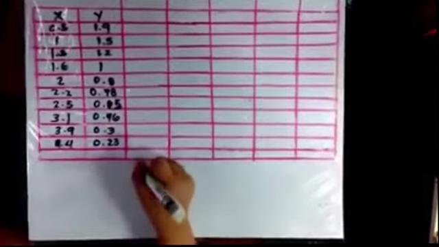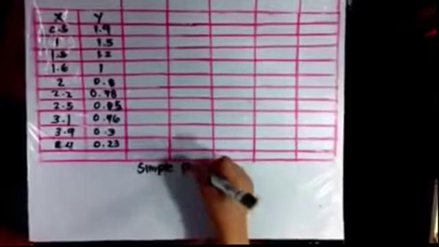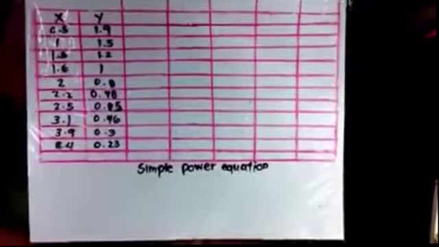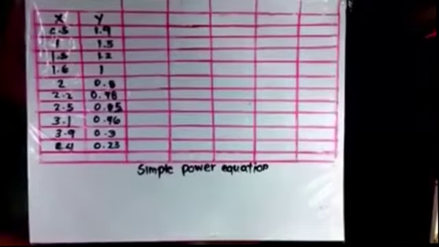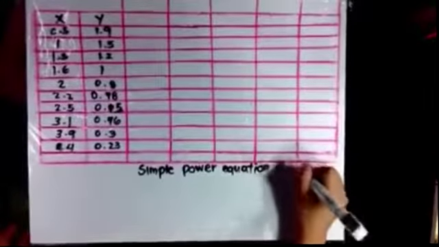Given the following data, we are computing for the simple power equation. We have here 10 values of x and 10 values of y, so our n is equal to 10.